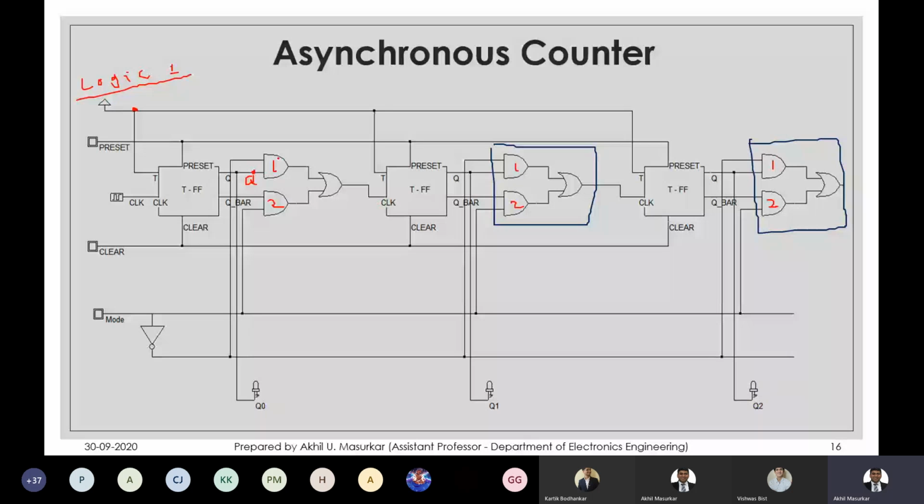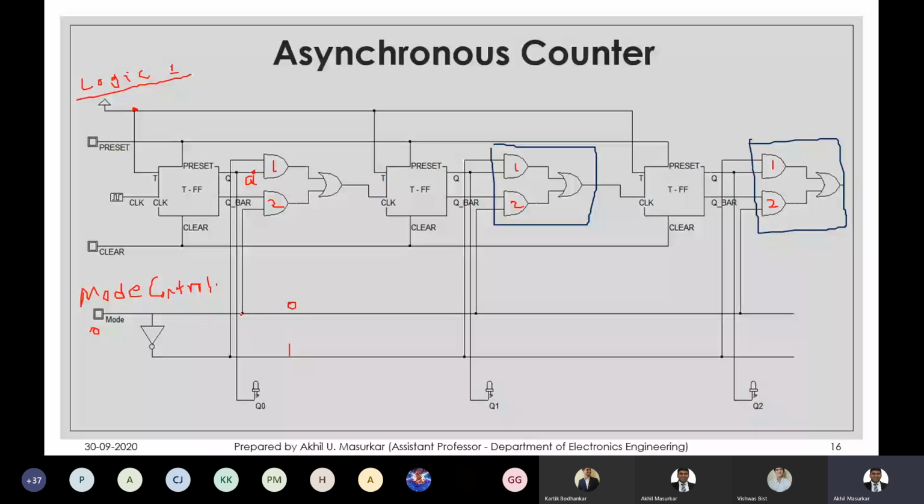And enabling and disabling these AND gates, that is AND gate 1 and AND gate 2, is done with the help of mode control. That means if I give a 0 here, then on this line I will have 0, on this line I will have 1.